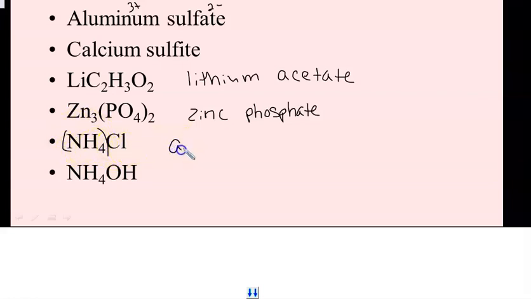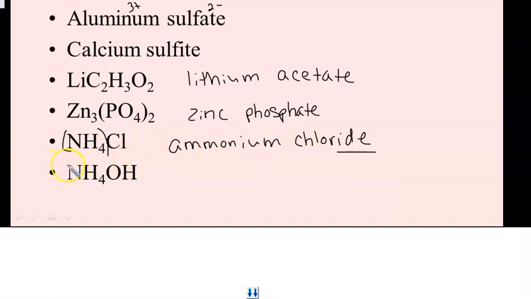So this is ammonium, and it shows up in the beginning. So this is ammonium, not ammonia, but ammonium. And then this is the element chlorine, but it's in a bond. So we would still change it to IDE because it's off the periodic table. So this is ammonium chloride. Ammonium chloride, and we deal with that in lab.